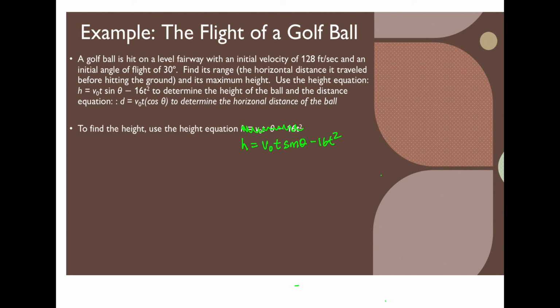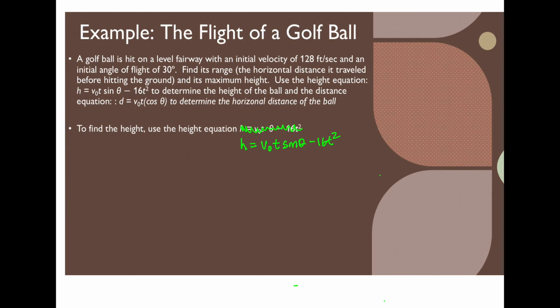All right, so we're going to start with the height equation and plug in the values that we know, so we'll adapt it to this particular situation. My height is going to be the initial velocity, v sub 0, which is 128, times t, times the sine of 30 degrees. We're going to subtract 16 t squared.